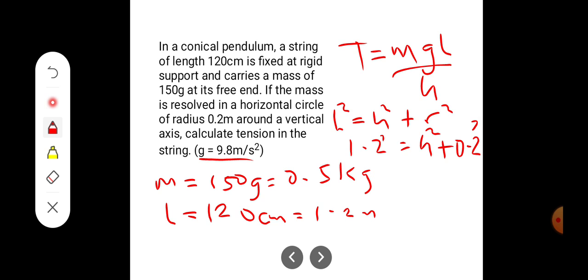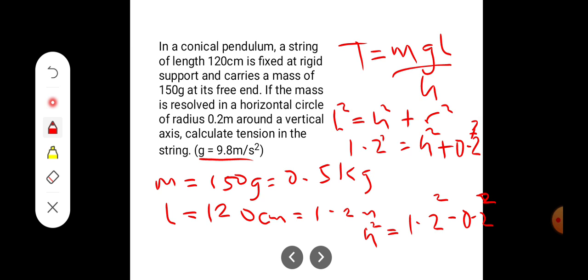Now, if we make h squared the subject of the formula, we are going to have that h squared will be 1.2 squared minus 0.2 squared.